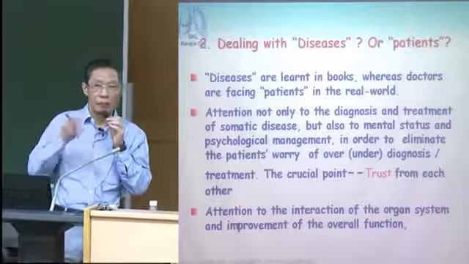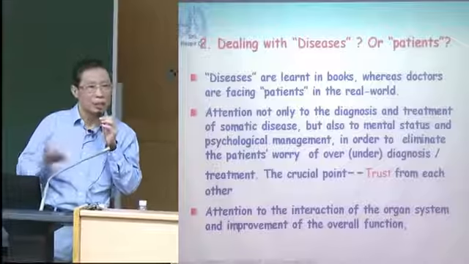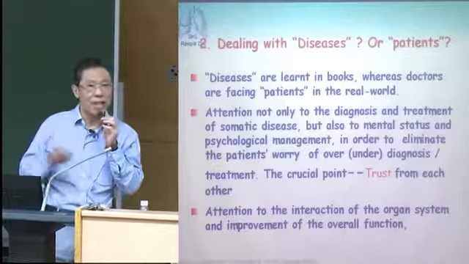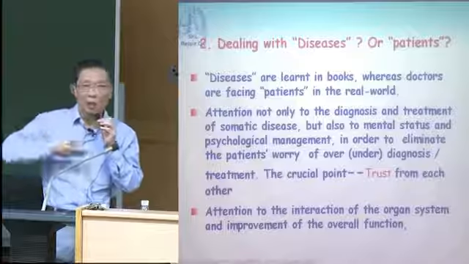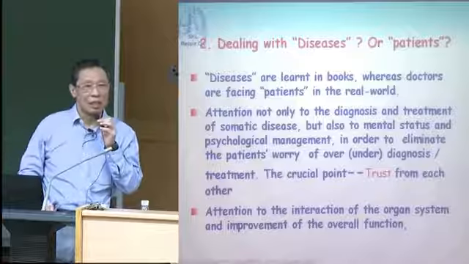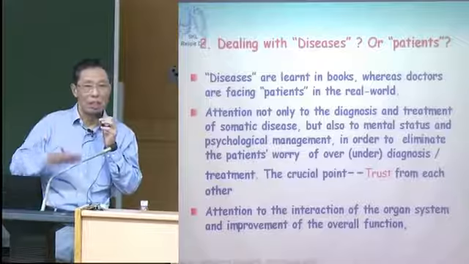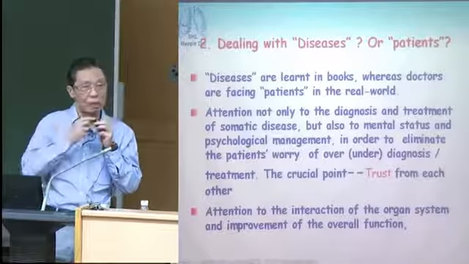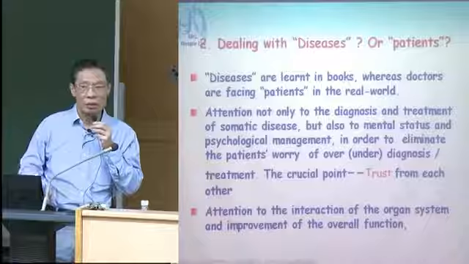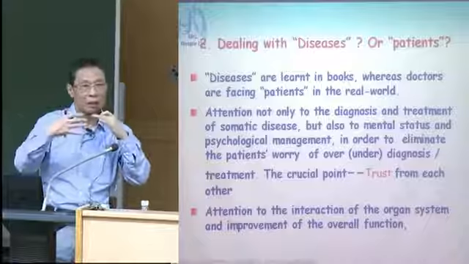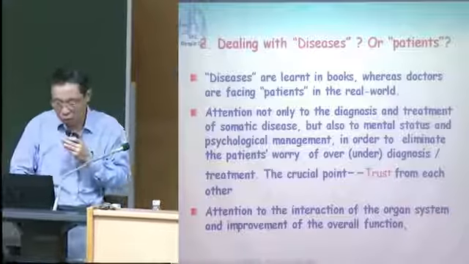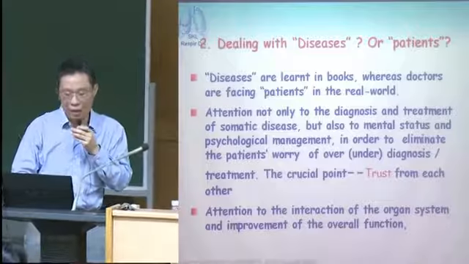In particular, if the patient has constipation, it will cause a lot of breathlessness. If the constipation is solved, the patient's dyspnea will be solved as well. So this is something we need to collect, to link between different organs.